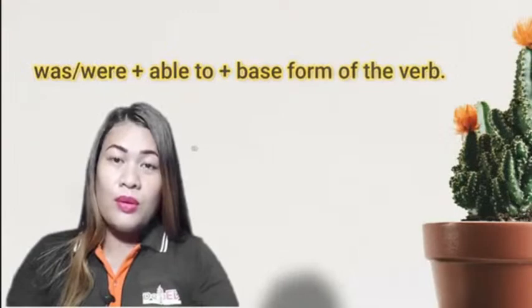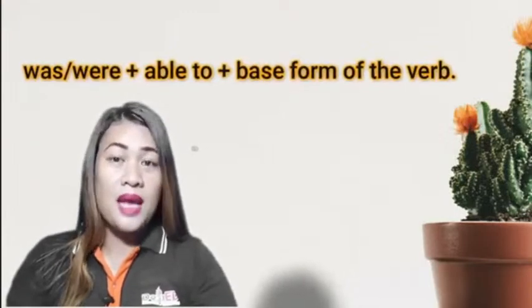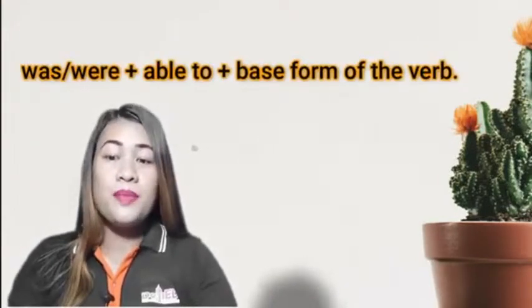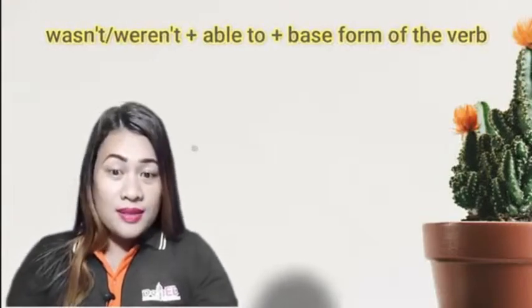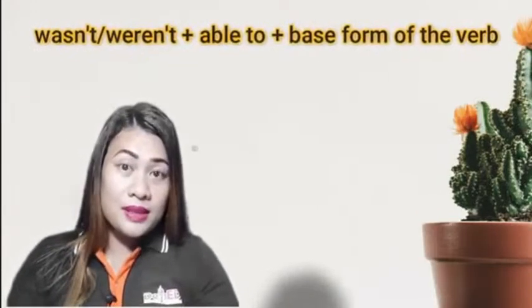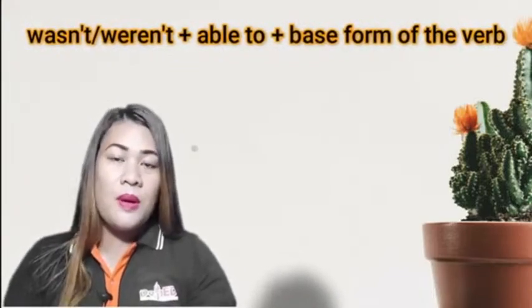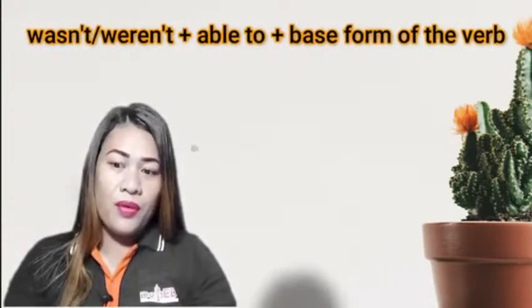Was or were plus able to plus base form of the verb. Or if it is in lack of ability, you're going to use wasn't or weren't plus able to plus base form of the verb.